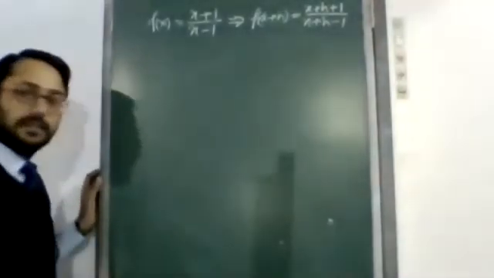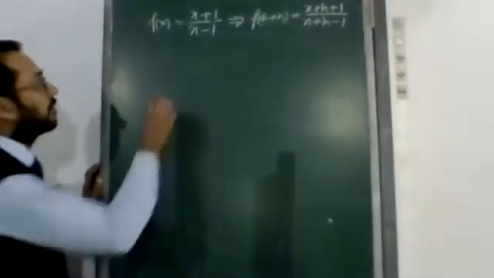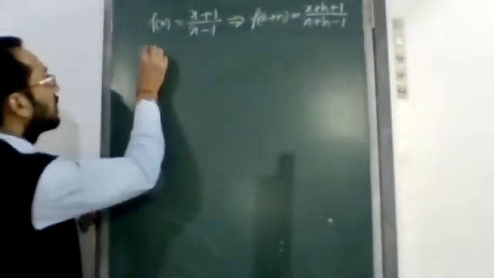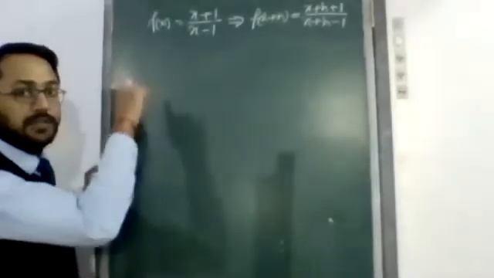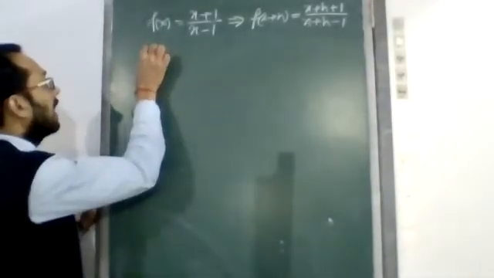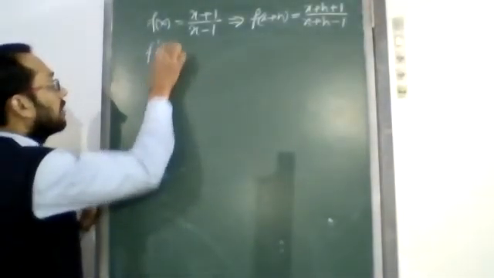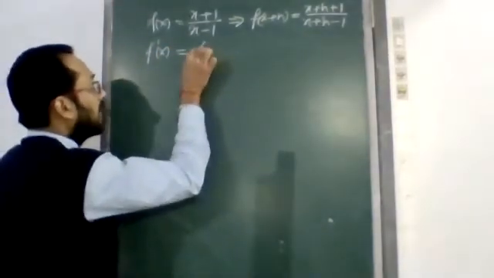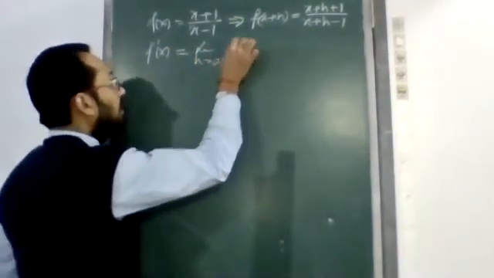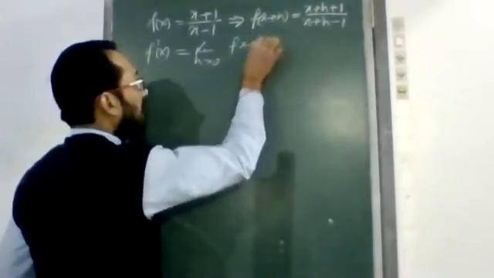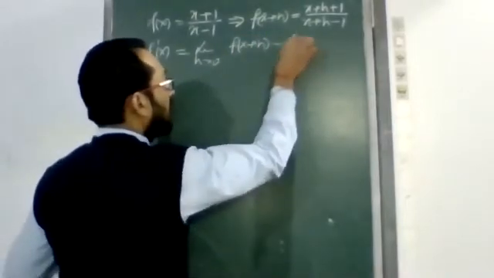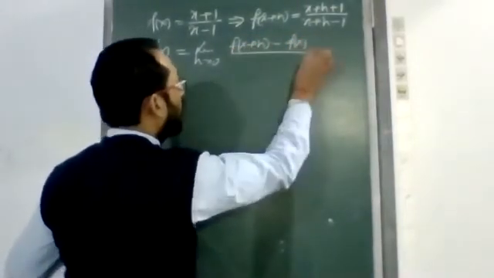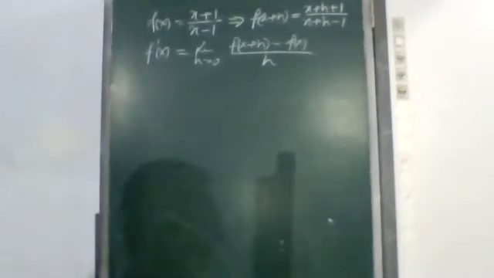Now for this, I am going to put the values into the formula, and the formula is that the derivative of the function is the limit of h tends to 0 of f(x plus h) minus f(x), whole upon h.